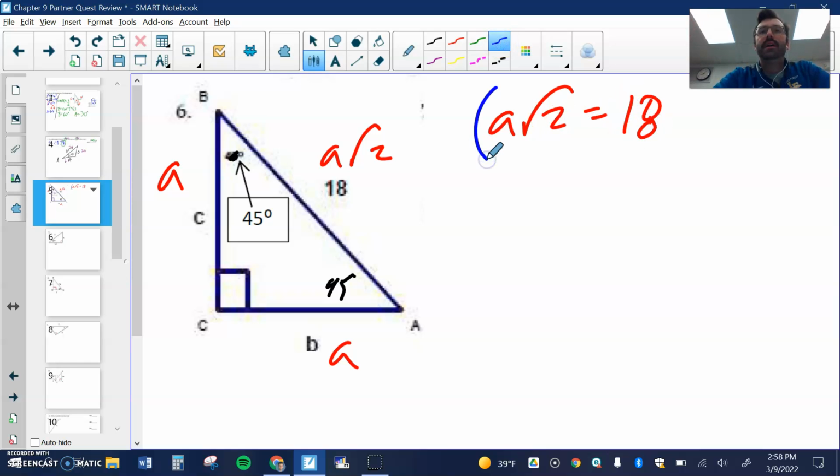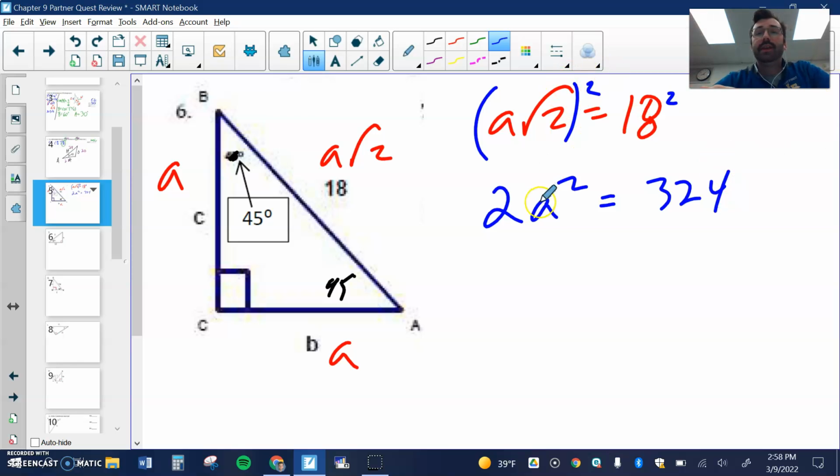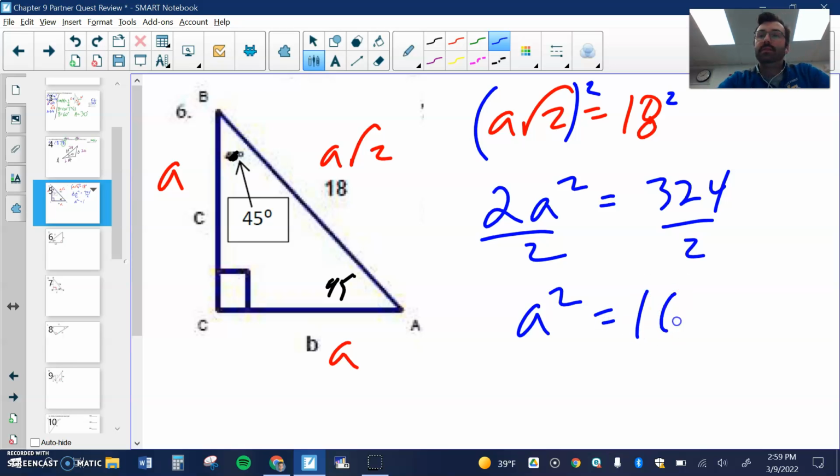All right. To get rid of the square root, I square both sides. That becomes 2a squared equals 324. Remember, if I square the square root, it cancels out, so it's just 2, but I also have to square the a to make it a squared. Divide both sides by 2, I get a squared equals 162.